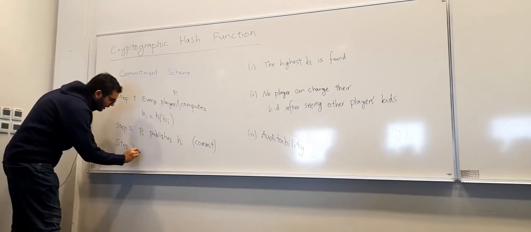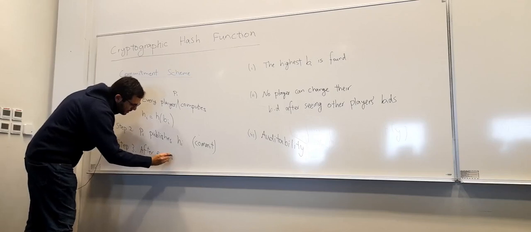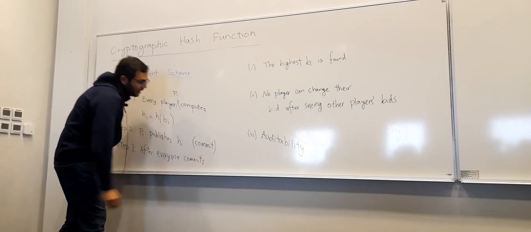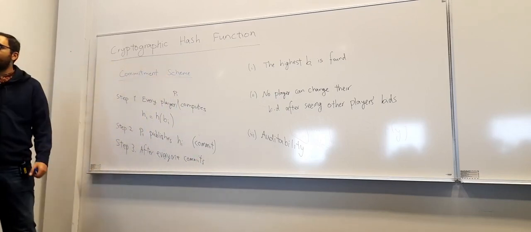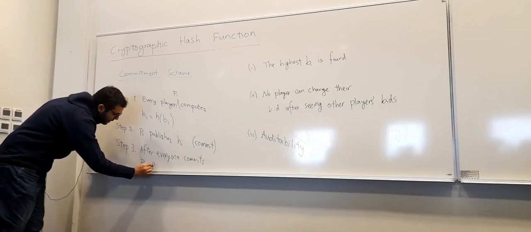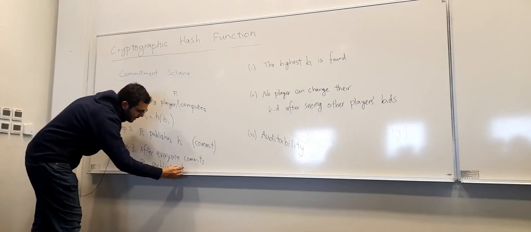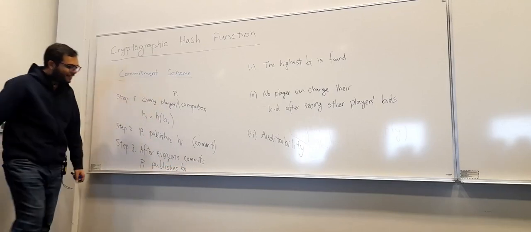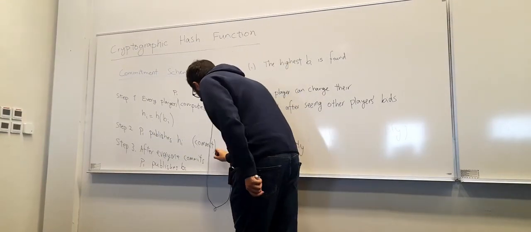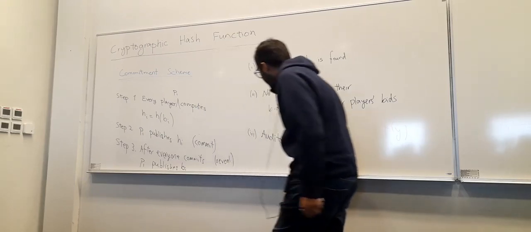So after everyone commits, then every player just publishes their actual bid. Every player PI publishes the bid BI. Okay? And this part is actually called revealing, or, well, if you're religious, revelation.